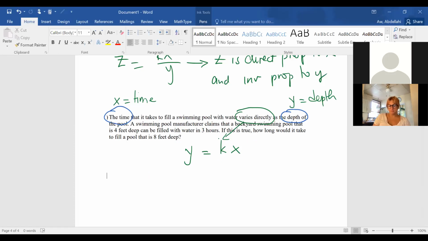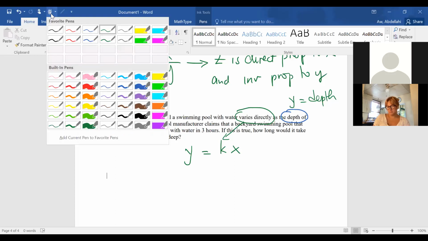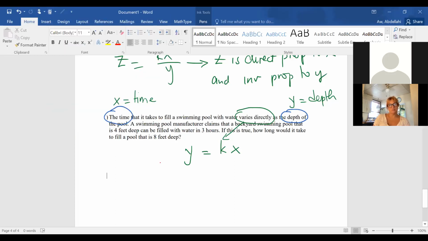Now look at the next sentence. It says, to fill a pool that is 4 feet deep. The 4 feet will be the value of what variable, the X or the Y? Y. Why?